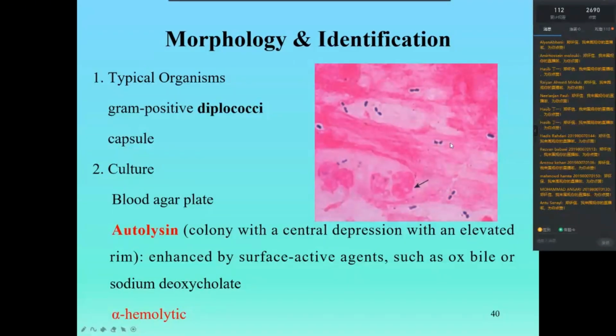All these specimens you collect should be sent to the lab immediately. That is because this bacteria can produce autolysin. If you leave the specimen in your clinic for a long time, during that time the bacteria will kill themselves, will lyse themselves. So you need to send the specimen to the lab immediately.